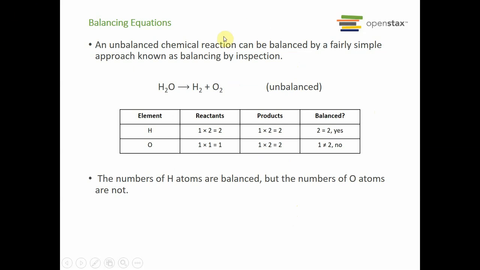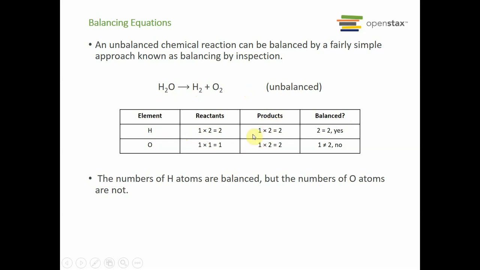An unbalanced chemical reaction can be balanced by a fairly simple approach known as balancing by inspection. So we simply take what we're given, an unbalanced equation, and test it to see if it's balanced. In the reactants, the number of hydrogens is 2, the number of oxygens is 1.